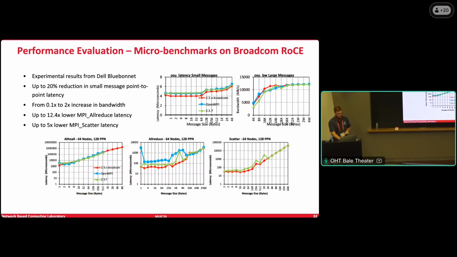So we can see up to a 20% reduction in point-to-point latency over OpenMPI and MVAPICH 2-3.7 based on the enhancements that we've done, as well as a 12 times improvement in MPI Allreduce. And all of these designs are being brought into the latest MVAPICH Plus branch so that they'll be available as that one makes its way to the open source.